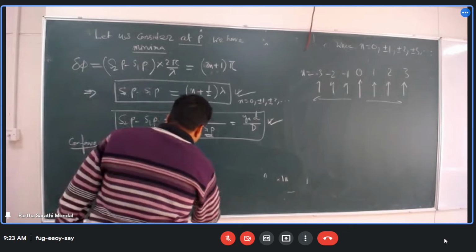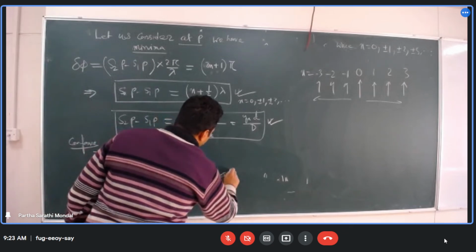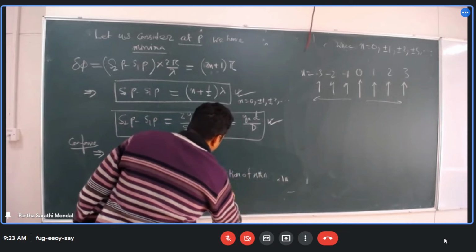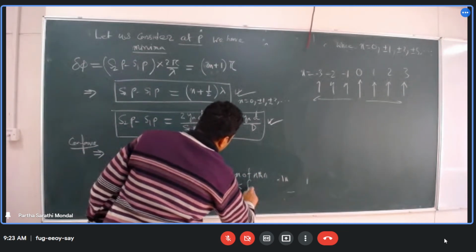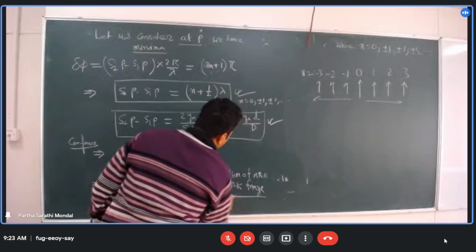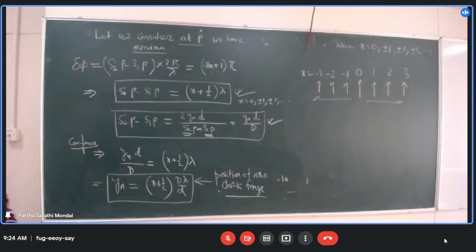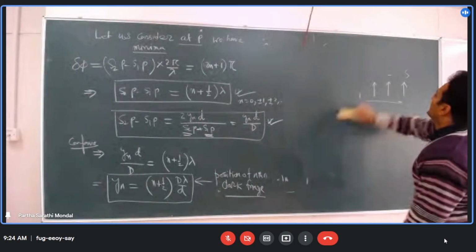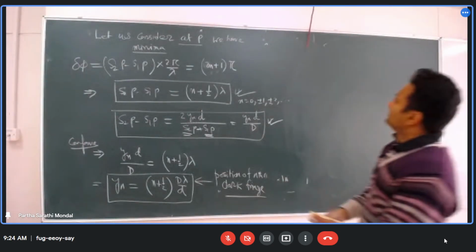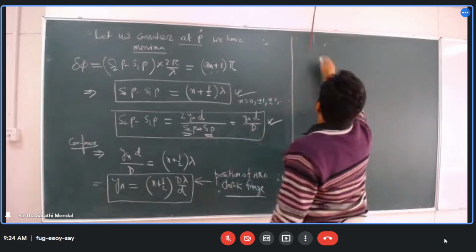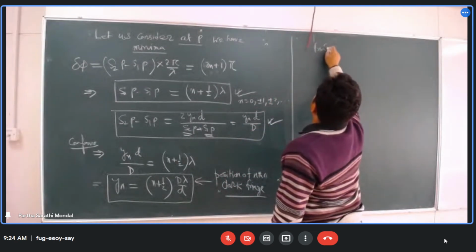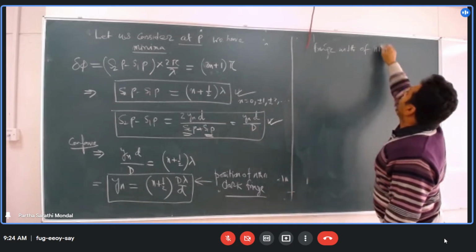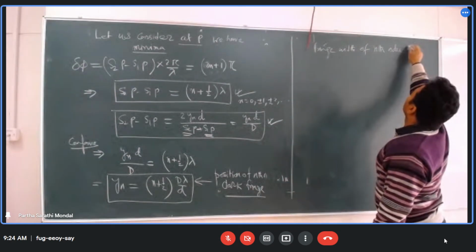This is actually the position of the nth dark fringe, or nth minima, nth order minima or nth order dark fringe. Okay, now the same thing you can find out, the fringe width of nth order dark fringe.